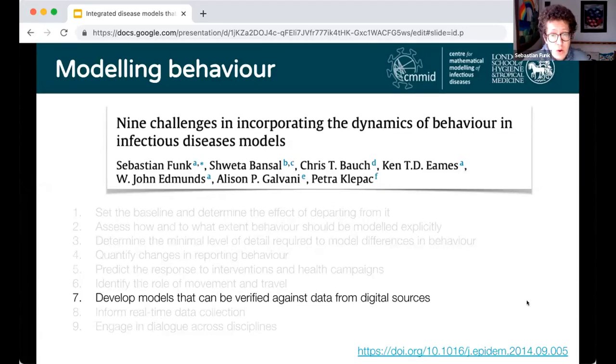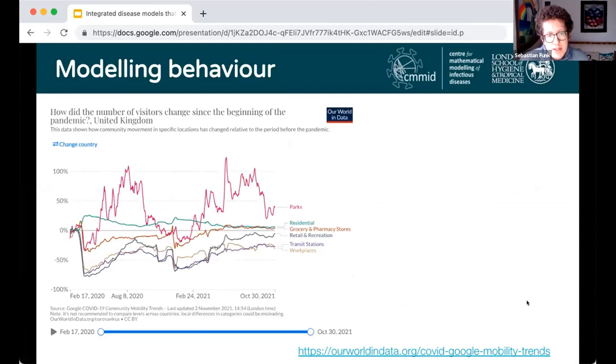That is something where I'm not aware of any significant contribution having been made by these kinds of data sources during the pandemic, at least not beyond the already mentioned movement data. So such as here, this is Google mobility data that's been used by a lot of models for capturing and quantifying changes in behavior.